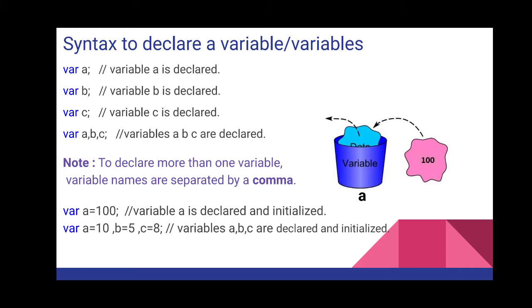So here you can imagine that there are three buckets a, b, c, which are the names of those variables, and in those I am putting 10 in a, 5 in b and 8 in c. So this is how a variable is declared and then later initialized with some data. Agree? Simple enough.